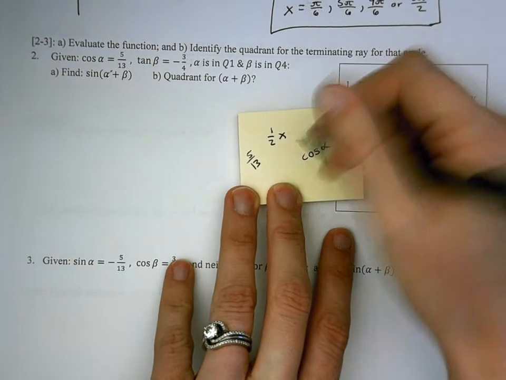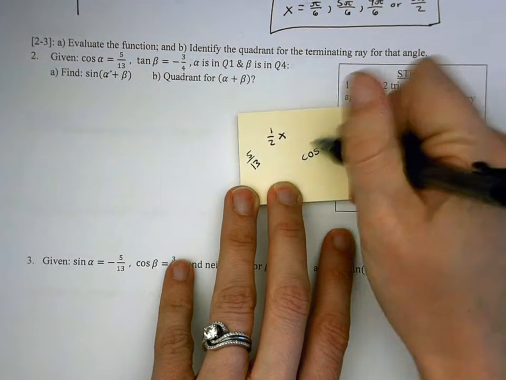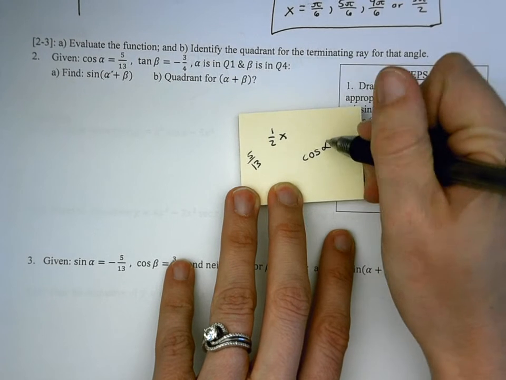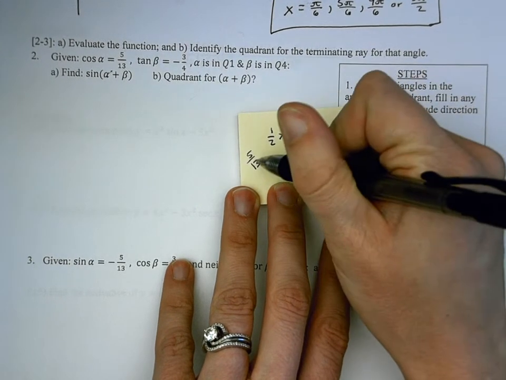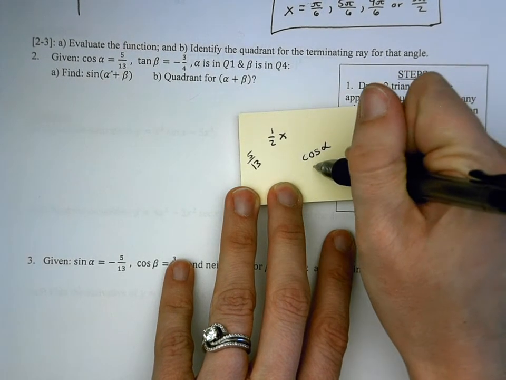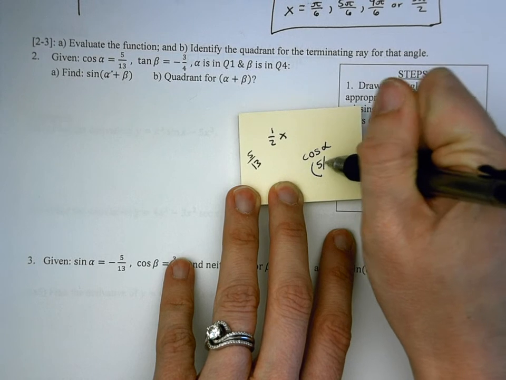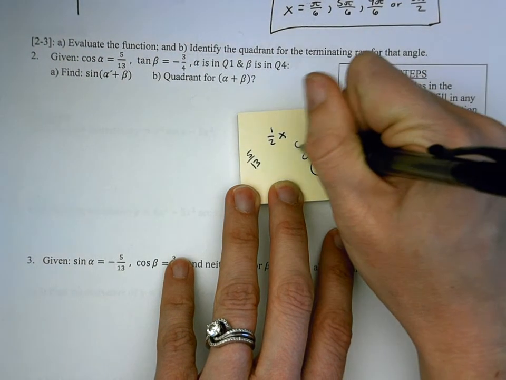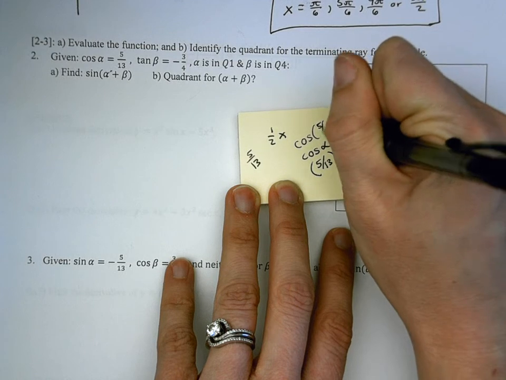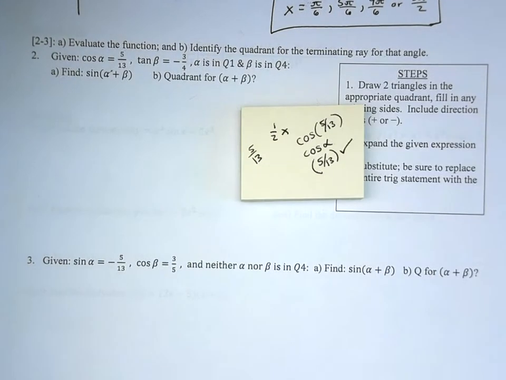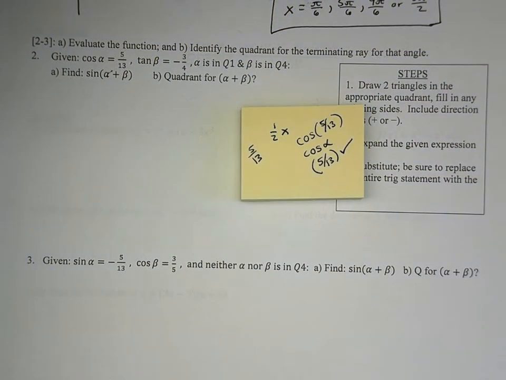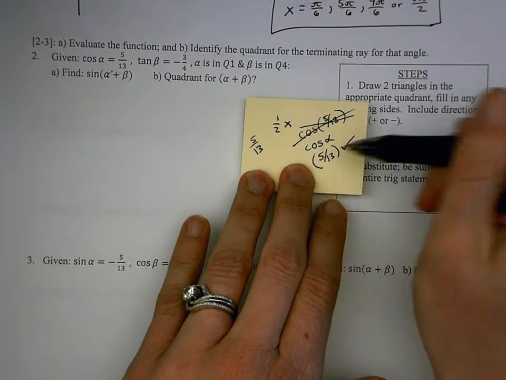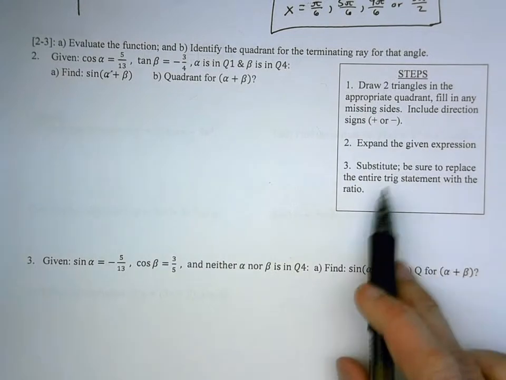And then they're in the midst of their problem and they get to the place where they're wanting to plug into cosine alpha, and rather than substituting 5/13 into cosine alpha, which is what we want to do, I'll see them write this, cosine of 5/13. All right, well, the entire cosine alpha equals 5/13, not just alpha, right? We don't want to do this. Make sure you're substituting in for the entire trig statement.